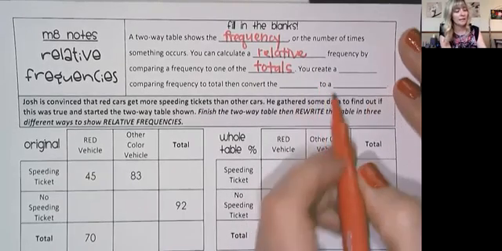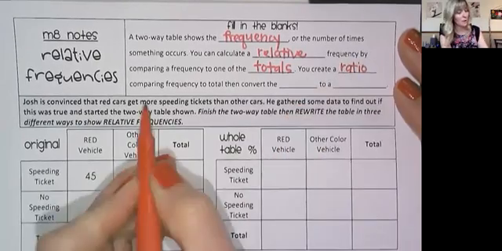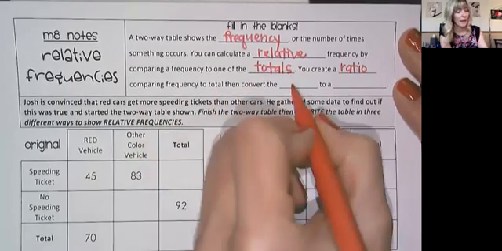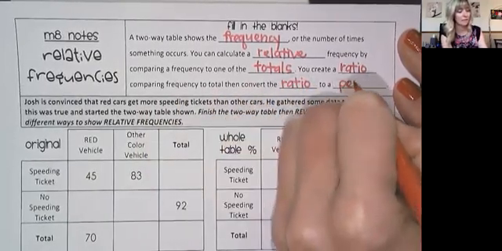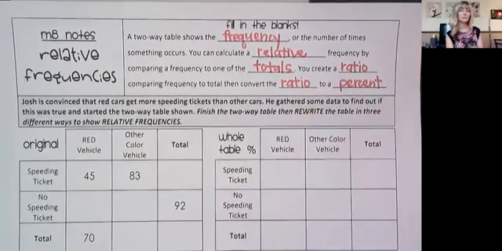So you create a ratio where you compare the frequency to whatever total you should be looking at, and then you convert that ratio into a percent. Okay, and then that percent tells us a little bit more than just 42 people have blue eyes. 42 out of what?